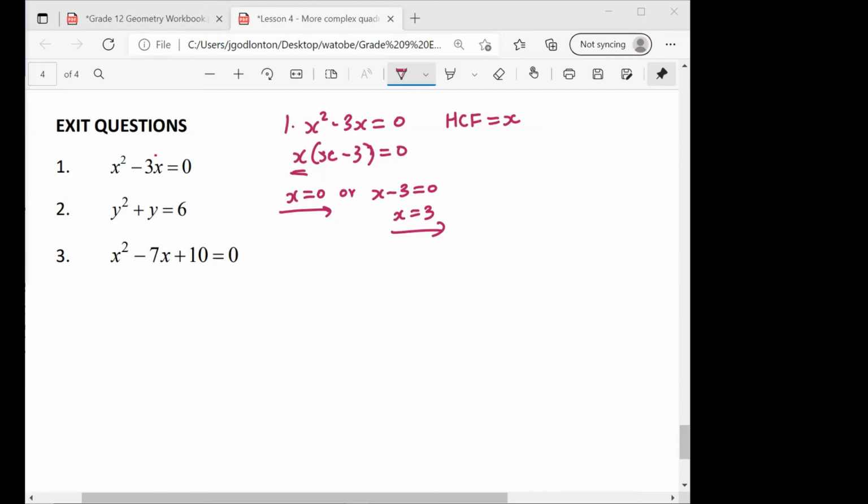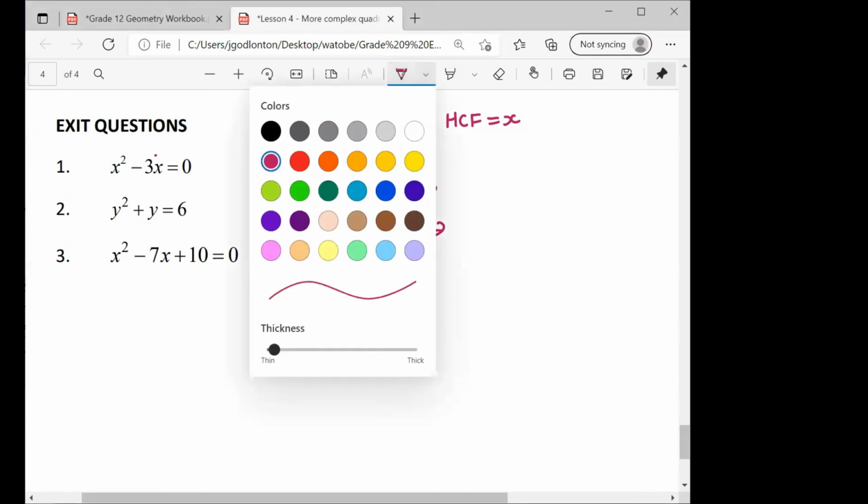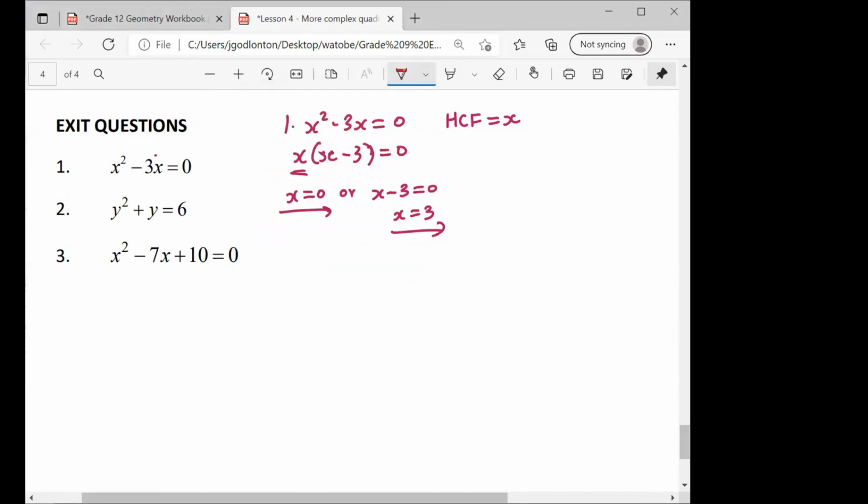Okay, so we're focusing all our energy on question 2 at the moment. I'm going to give you 1 more minute and then I'm going to start going through question 2. Remember your steps. Move everything to one side, equals 0. Is it a difference of 2 squares? Is it a trinomial? Factorize, find x. Okay, we have an answer coming through. So Kumba's feeling confident.